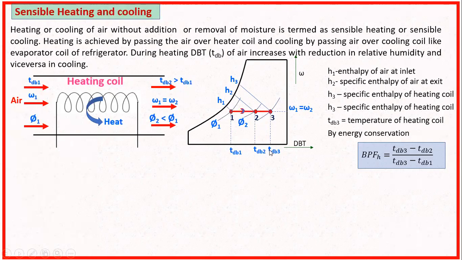Let that temperature be TDB3 and the enthalpy be H3. We also need to note down the bypass factor, which is equal to the difference between the coil and the exit air temperature divided by the difference between the coil and the inlet air temperature: TDB3 minus TDB2 divided by TDB3 minus TDB1.